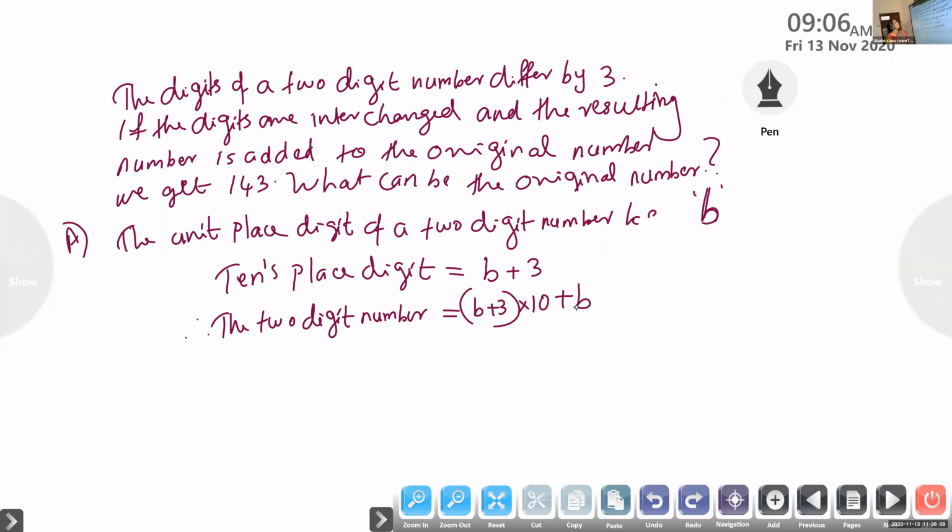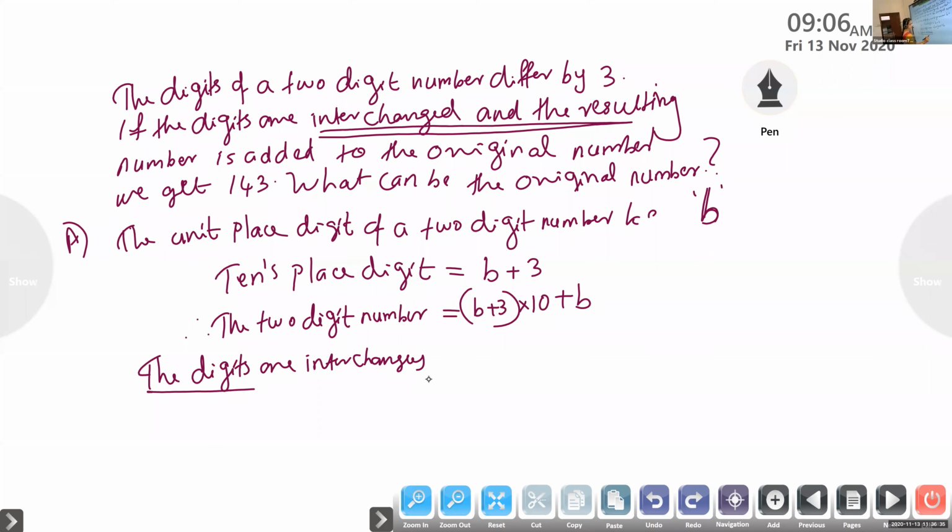Okay. Now in the question again, what is given? The digits are interchanged. Then what happens? If the digits are interchanged, what will be the unit place digit?